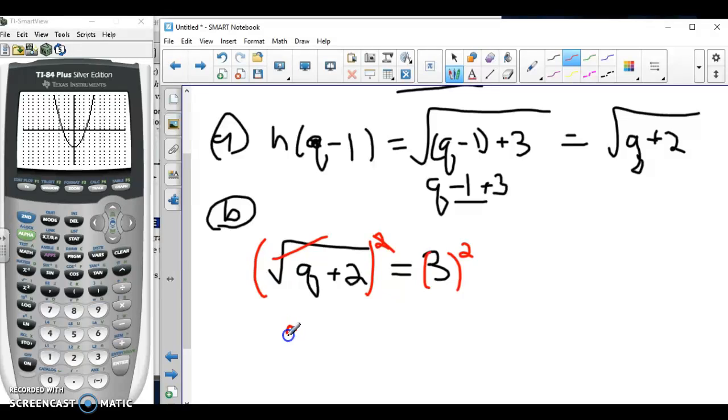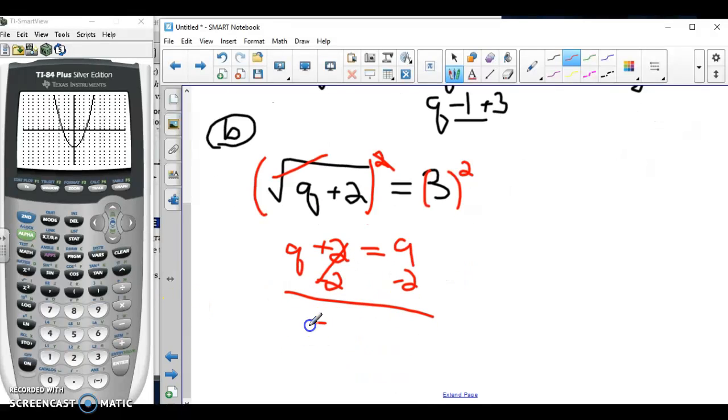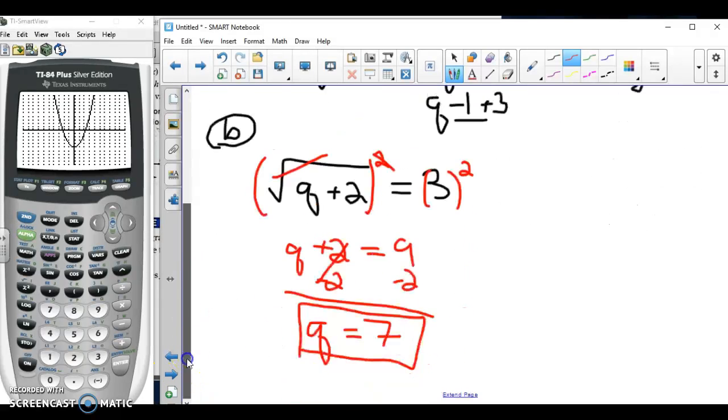That crosses out, so you have q plus 2 equals 9. Boom, 3 squared is 9. To solve it out, you would subtract 2, okay, and you end up with q equal to 7. Okay, q is equal to 7. That's your answer. All right, so that's what we get for that, 9.